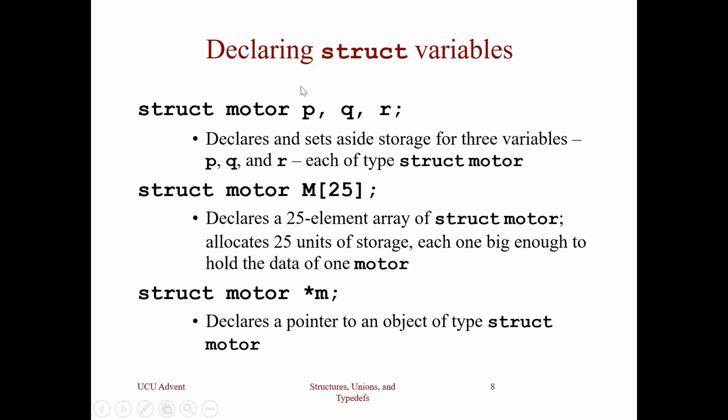But you can also declare an array of structure motor, just saying struct motor m, square brackets, and then the number, say 25, to allocate 25 units of storage, each of which is big enough to hold the data of one motor.